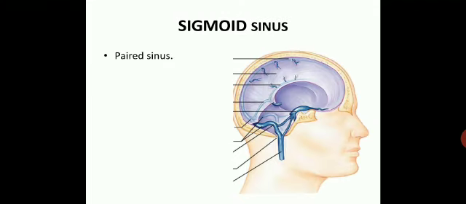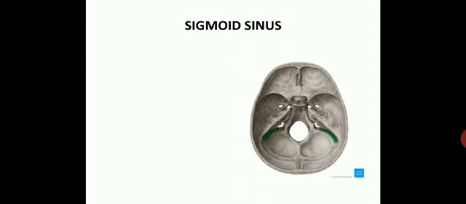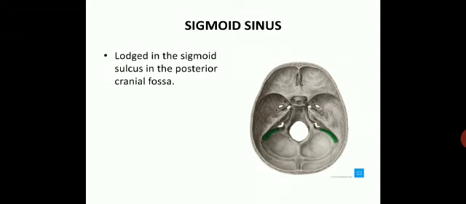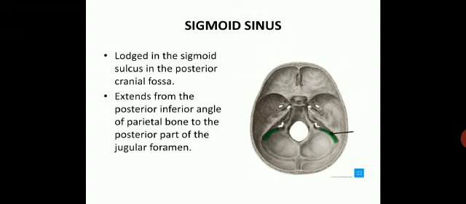Sigmoid sinus. It is a paired sinus, S-shaped, situated in the sigmoid sulcus in the posterior cranial fossa. It extends from the posterior inferior angle of the parietal bone to the posterior part of the jugular foramen.